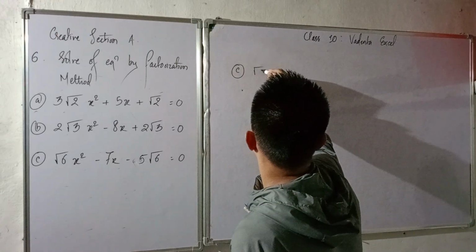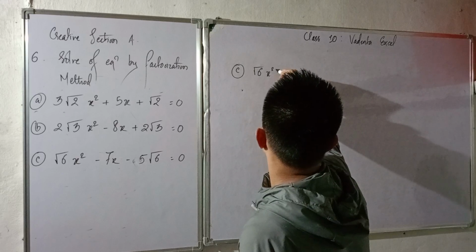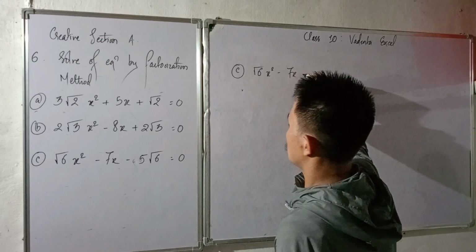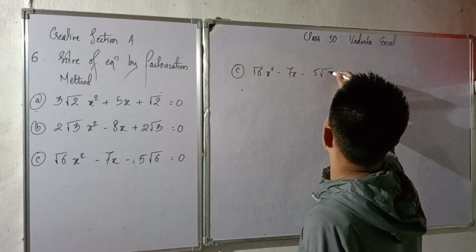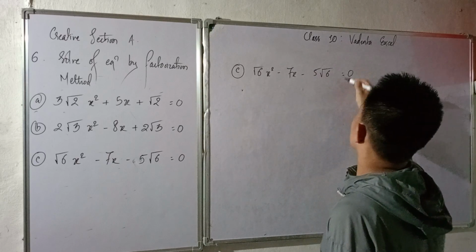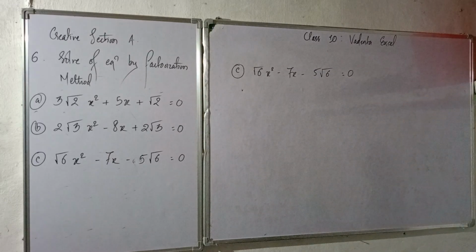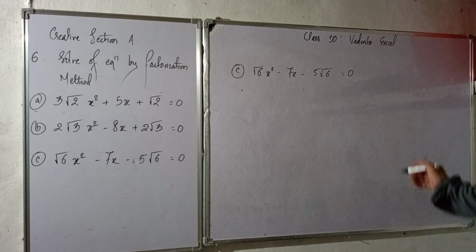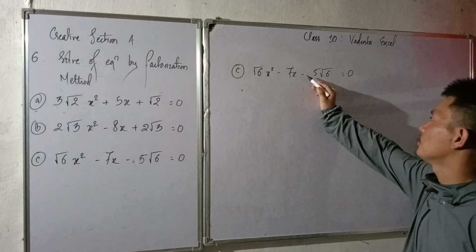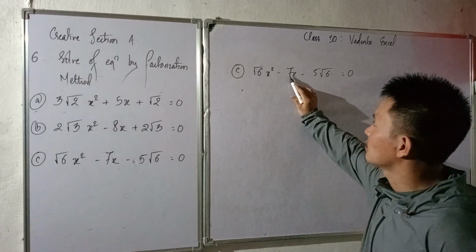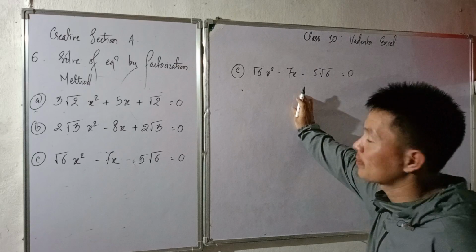Okay, number C. Number C, we have root 6 x square minus 7x minus 5 root 6 equals 0. Now you multiply root 6 into 5 root 6, it becomes 5 6 is 30. So you have to choose the factors of 30 whose difference results in 7.